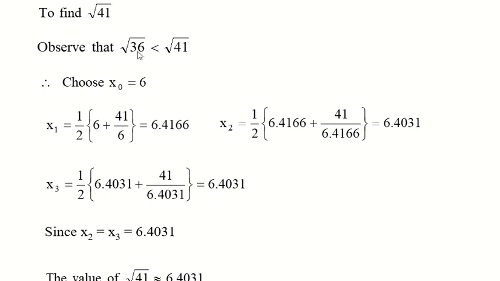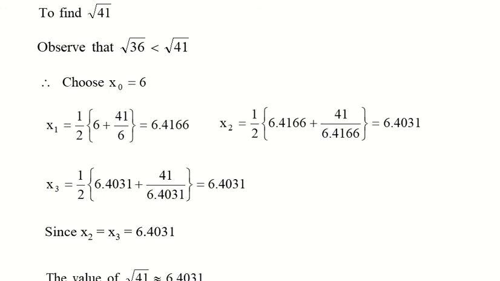Observe that root 36 is less than root 41. You know root 36 is 6. The next number is root 49, that is 7, which is greater than root 41. So you take root 36, that is 6, and choose x naught as 6.